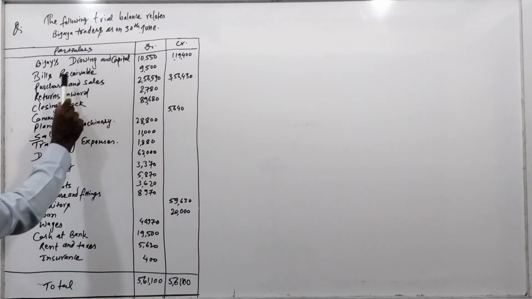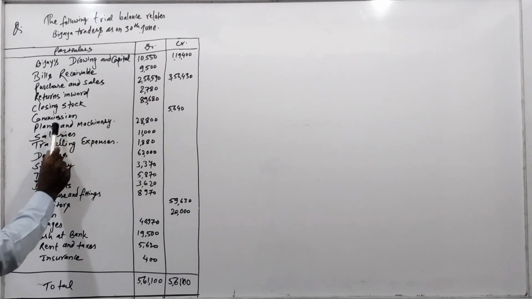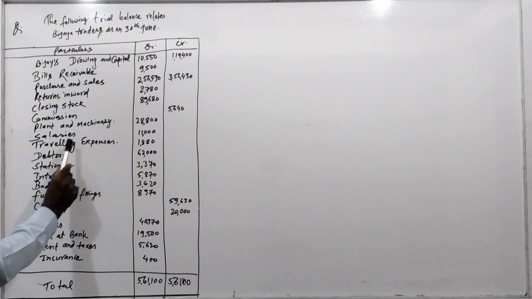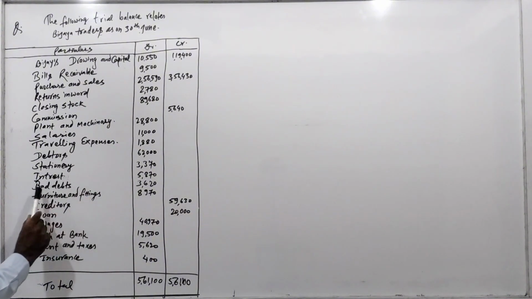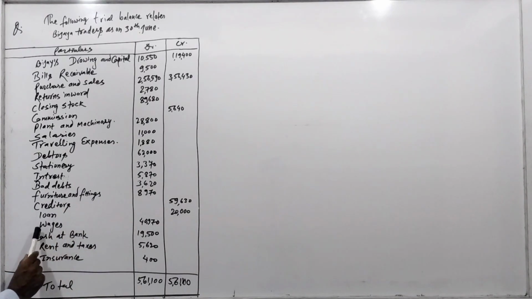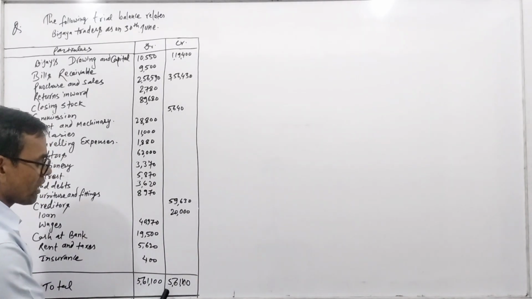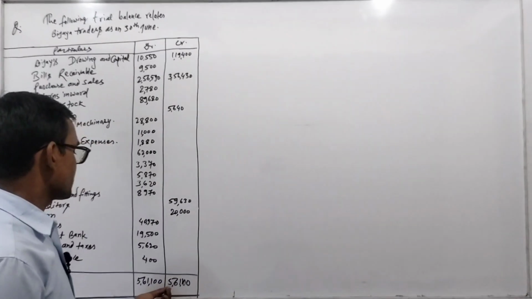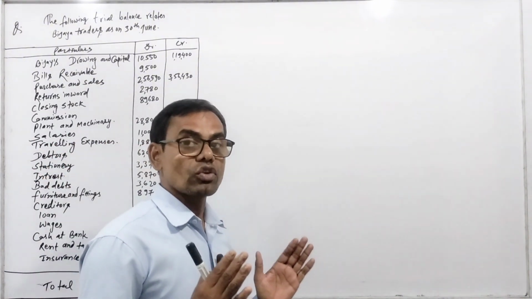Similarly, bills receivable, purchase and sales, returns inward, closing stock, commission, plant and machinery, salaries, traveling expenses, debtors, stationery, interest, bad debt, furniture and fittings, creditors, loan, wages, cash at bank, rent and taxes and insurance. Total debit side here 5,61,100 and total credit side 5,61,100. This is a trial balance.